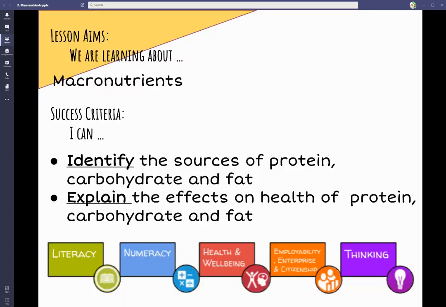And by the end of doing this, you should be able to identify sources of protein, carbohydrates, and fat, looking at LBV and HBV biological proteins, as well as starchy and sugary carbohydrates, and also saturated and unsaturated fat sources. When explaining the effects on health, you should be able to provide facts for protein and a consequence linked to health about these.